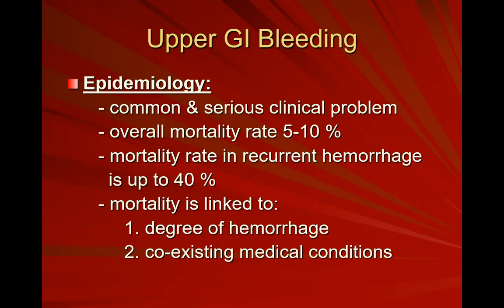However, most of the bleeders will stop spontaneously, and you can see that the overall mortality is 5 to 10%. There is a high risk of recurrent hemorrhages, because recurrent hemorrhages would also reflect the progression of the disease. All right. So recurrent hemorrhages and coexisting medical conditions signify how serious the upper GI bleeding is.